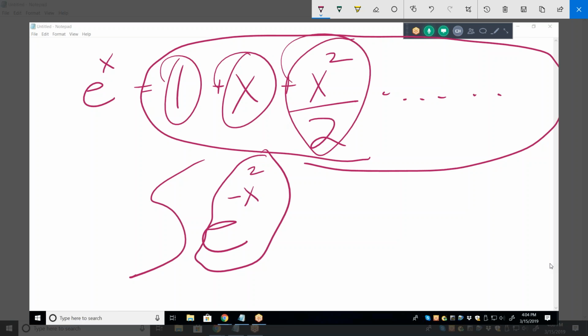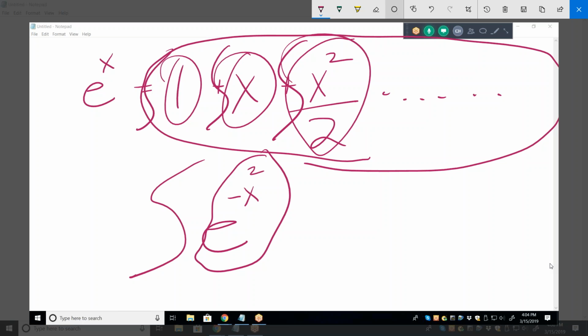So the integral of that would be the integral of that plus the integral of that plus the integral of that. So when you take a complicated function like e to the minus x squared and convert it to a Taylor polynomial, it becomes much easier to integrate. And that's the reason we do it. That's one of them. Okay.